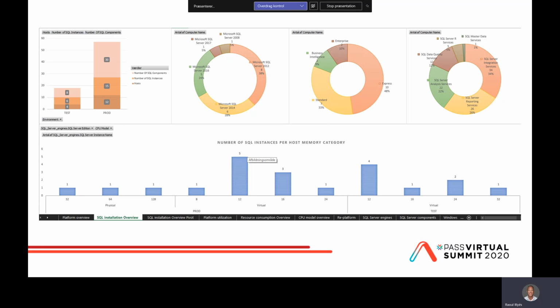So one of the hard cap memory limits is 120 gigabytes of memory. Now, that is why this bottom bar is also interesting. We can see here that I only have a single instance that is configured with 128 gigabytes of RAM, and not a single VM has more than 128 gigabytes of RAM allocated to it.